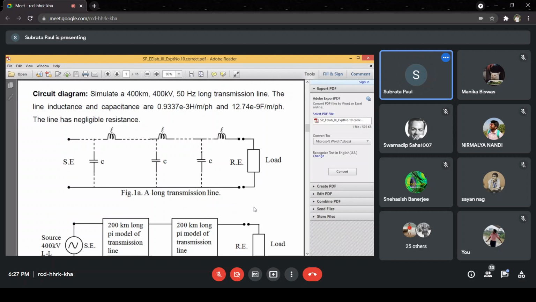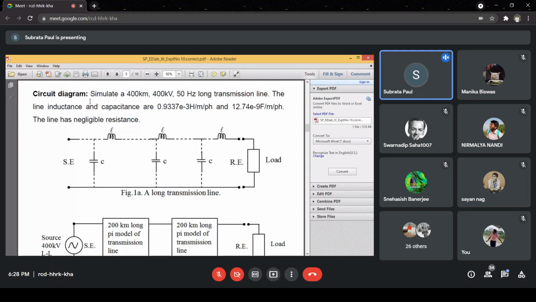Now let us gradually approach our actual lab session. To perform this laboratory, this type of long transmission line, this represents infinitesimal sections of the line having series impedance or series inductance, shunt capacitance. So a long transmission line consists of large number of such elements, series inductance, shunt capacitance, right?